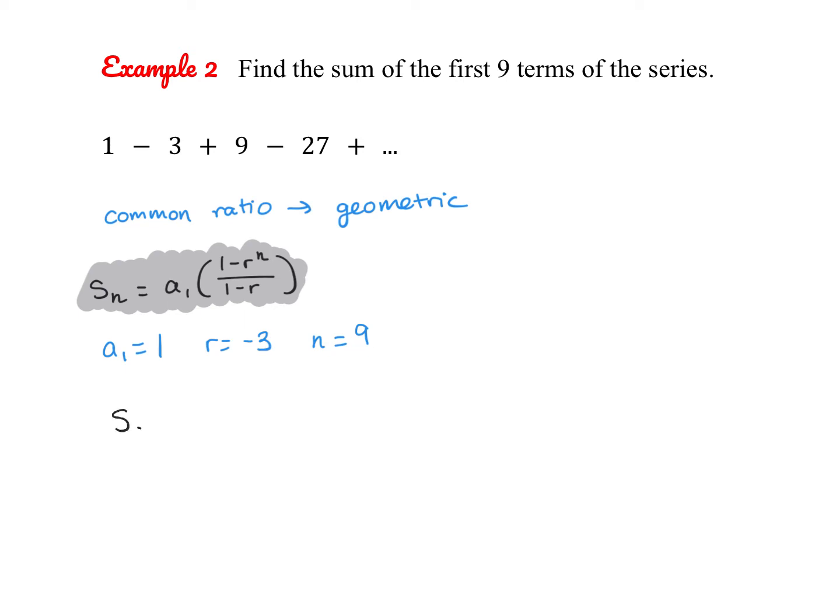So the sum of the first 9 terms is going to be 1 times 1 minus r, which is negative 3 to the power of 9, over 1 minus negative 3.